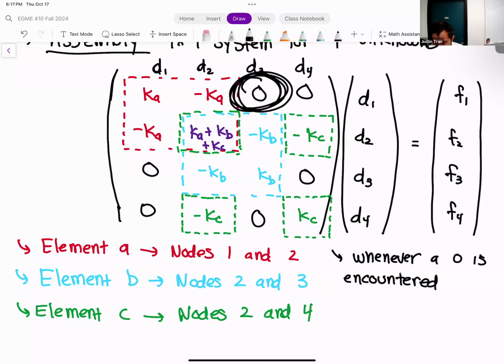Whenever you see a 0 in the matrix, that tells you those two nodes are not going to interact with each other at all in the physical system.